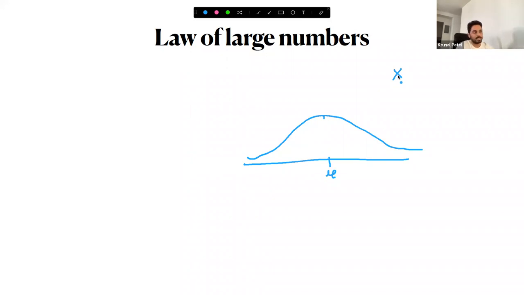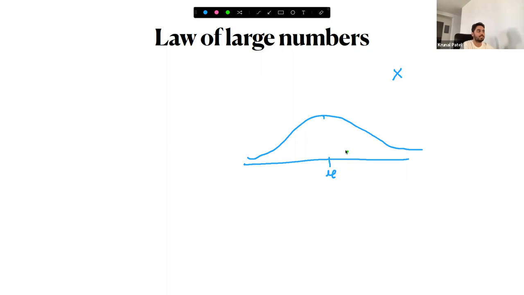Now, if I want to calculate the mean of this random variable by experiments, then what I'll do is I'll basically take independent samples and try to calculate the mean by taking the mean of those independent samples, right? So that's a very common way of calculating the mean. But if I calculate it that way, then I might not get the same mean as the original mean.